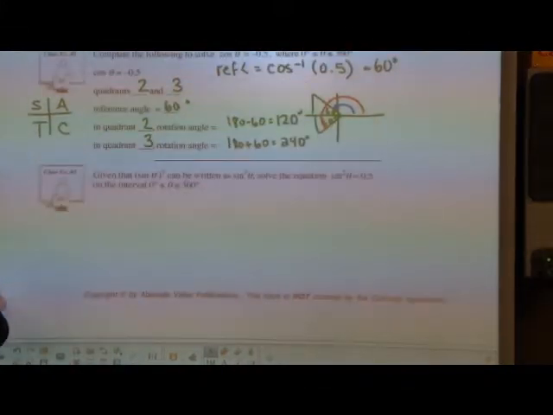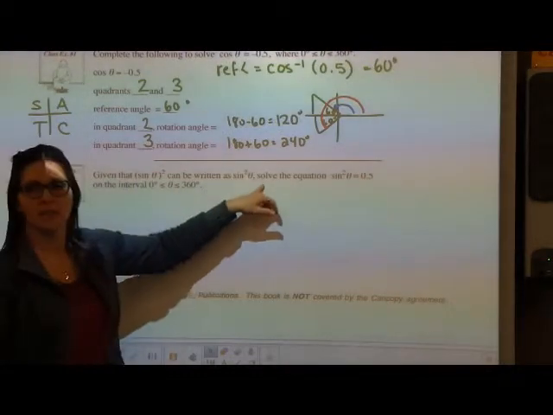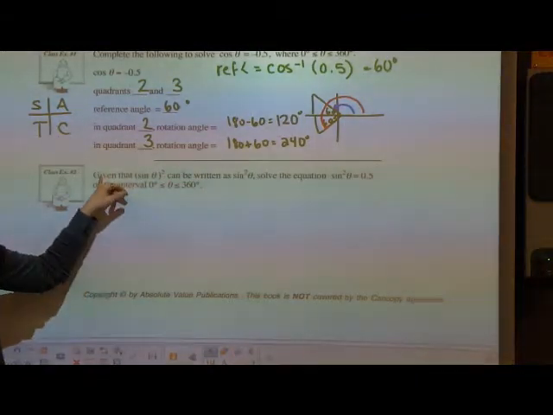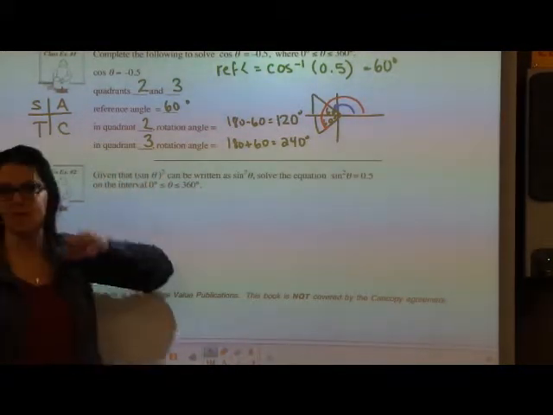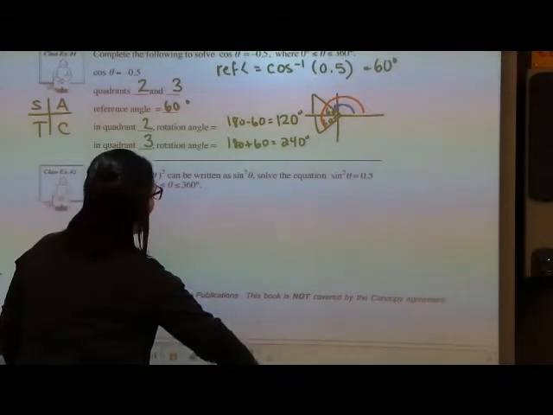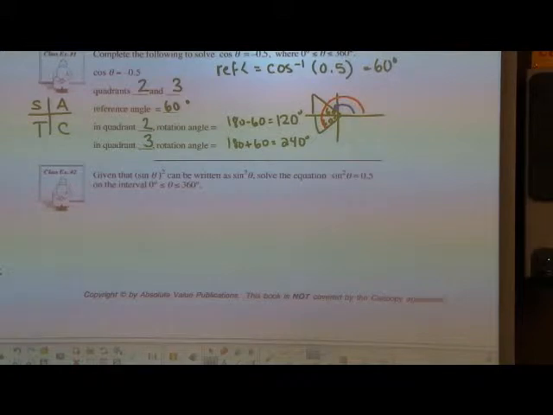If we look at class example number 2, it says given that sine theta squared can also be written as sine squared theta, so you'll see it written in this form more than you'll see it written the other way. Solve the equation sine squared theta equals 0.5 on the interval from 0 to 360 degrees.